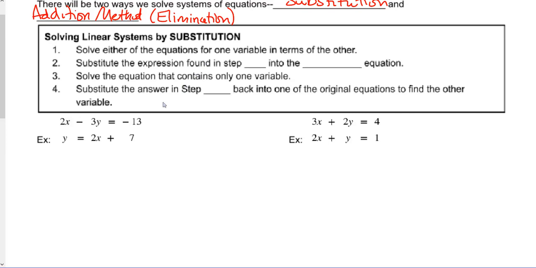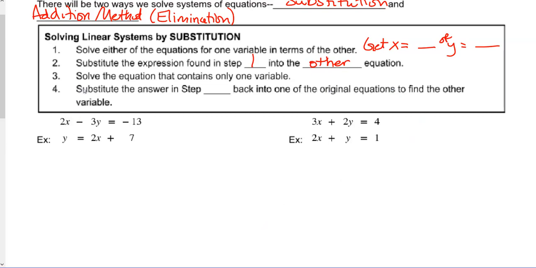Number 1, we want to solve either of the equations for one variable in terms of the other. So we want to get x equal to something or y equal to something. Doesn't matter which one, just get one or the other. Number 2, we want to substitute that expression that we found in step 1 into the other equation. So you want to use both of the equations.